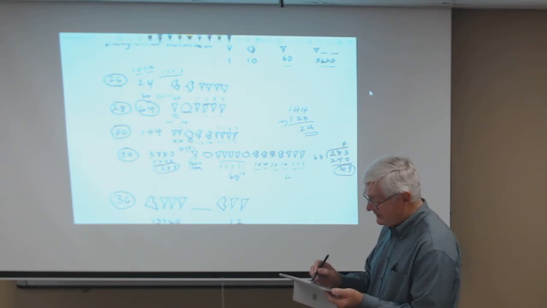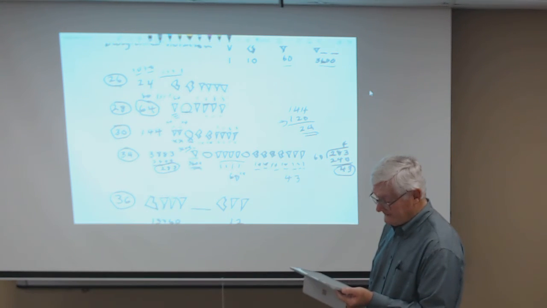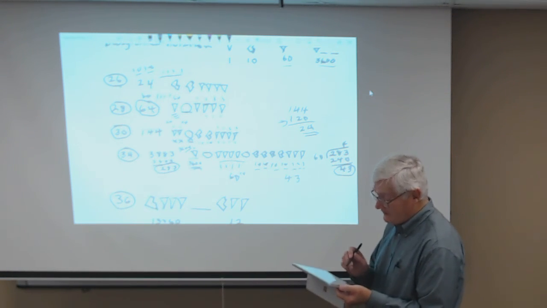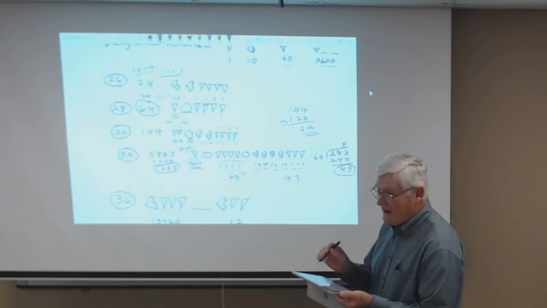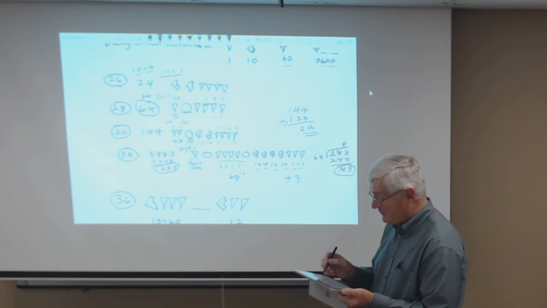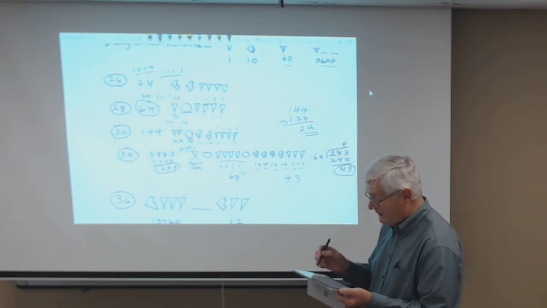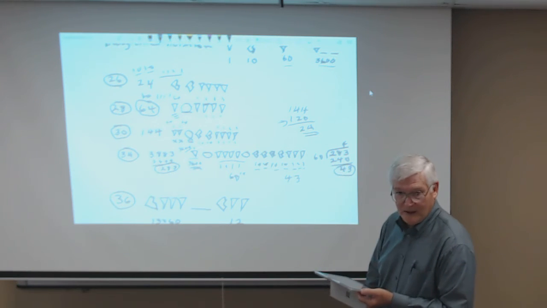And that's 43. So when you look at a number, you say, can I divide that number by 3,600? If I can't, can I divide that number by 60? And then however many times I divide it by 60, I have 4 of those, and then I have to take the rest of it, the 43, the remainder, and write it in Babylonian notation.